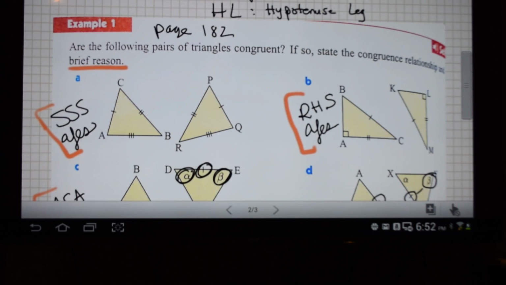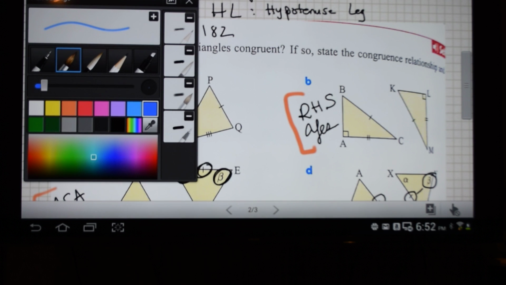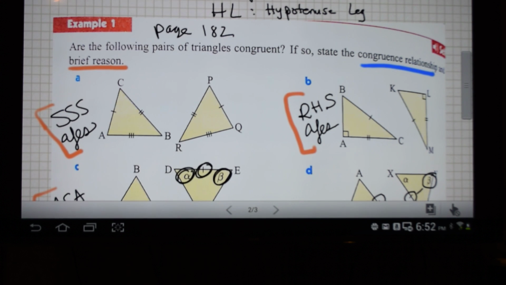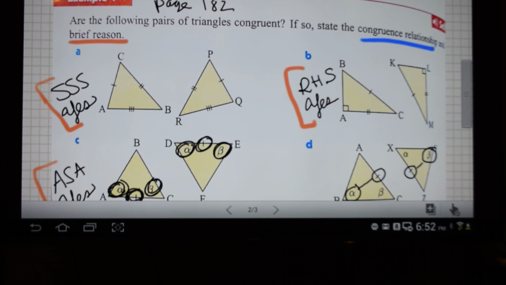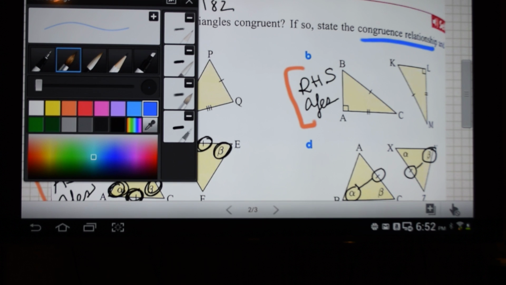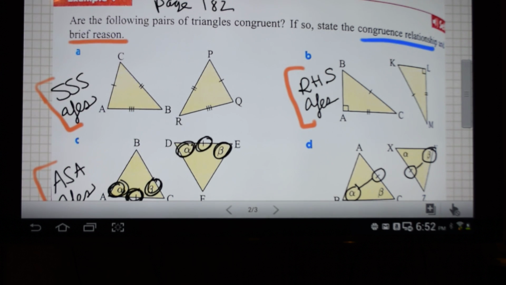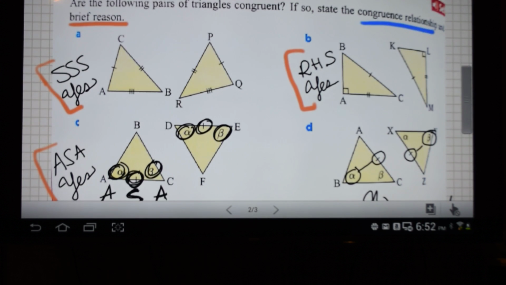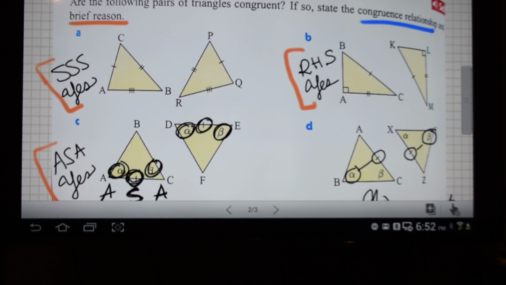So for the congruence relationship, right here, you have to state the two triangles that are congruent. You have to do it in a certain way. You have to be careful with this. What you're going to do is start with one of the triangles, and it doesn't matter which one, and label it however you want.